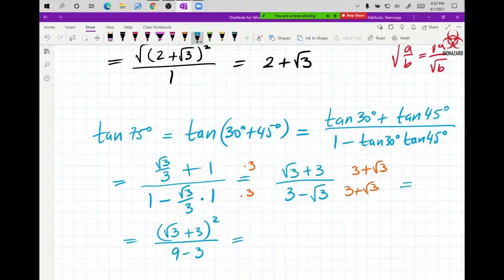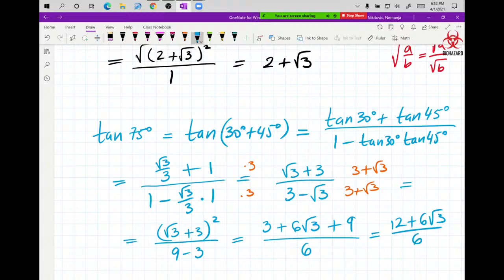So now, in the numerator, when we square this, we get 3 plus 6 root 3 plus 9. And in the denominator, we have 6. That's 12 plus 6 root 3 over 6.